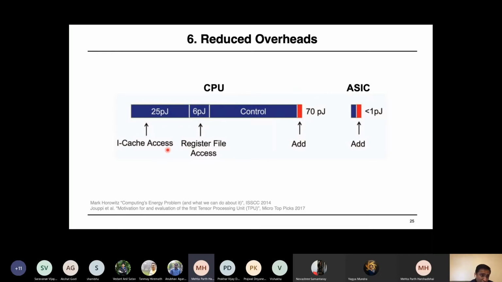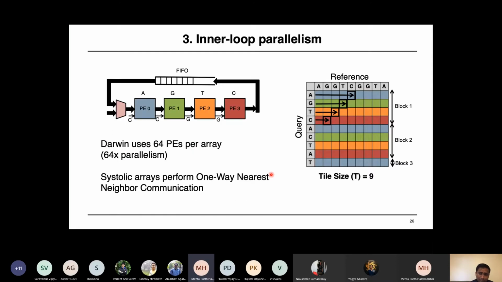So that's all the way from instruction cache access to register file access to control operations and so on. And a very small amount of energy is spent in doing the actual add. But when you implement this on an ASIC, you almost completely eliminate that overhead of program interpretation. And as a result, you get significant improvement in energy efficiency. This figure I've taken from Google's TPU paper, but it's also representative of Darwin.